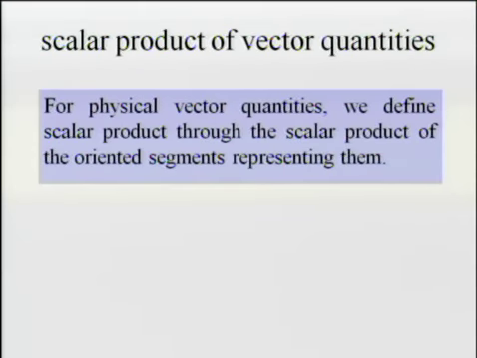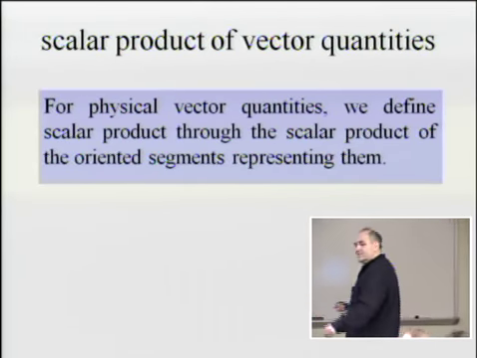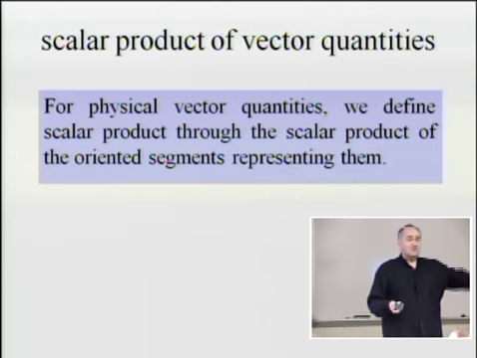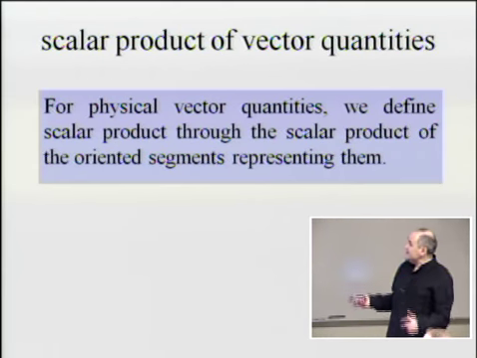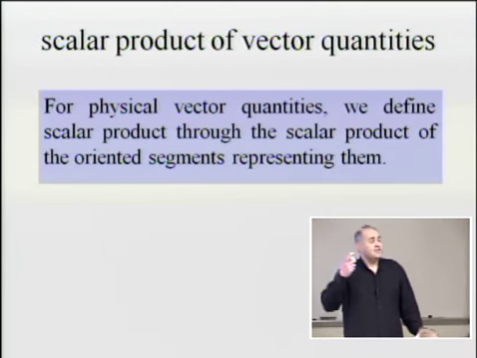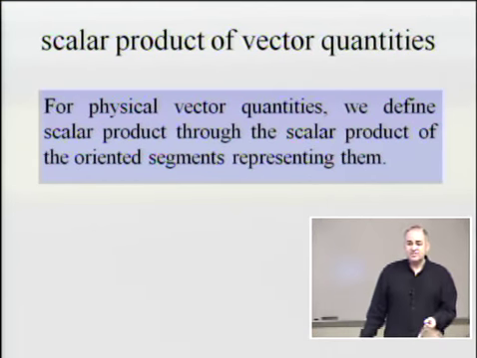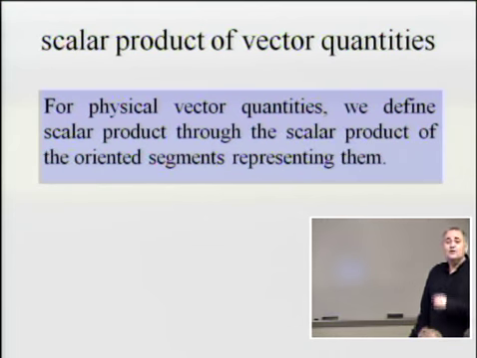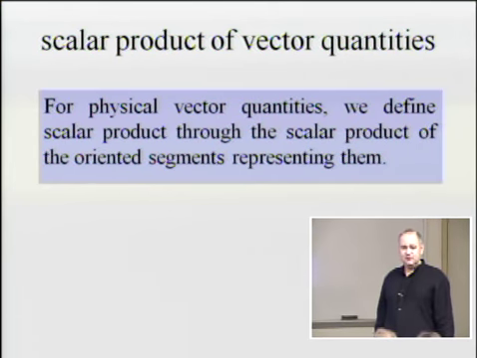Now, if we have a physical vector quantity, to a physical vector quantity we assign an arrow, and if we assign an arrow, we assign also an array. Scalar product between, let's say, force and displacement will be calculated through the scalar product of arrows or arrays, which are assigned to those two physical quantities.